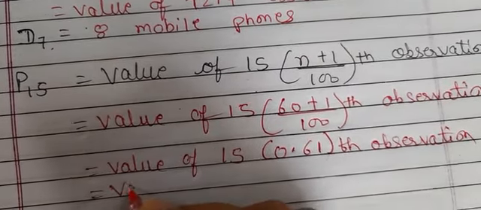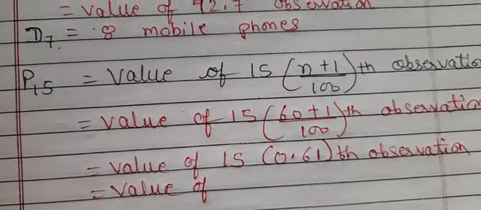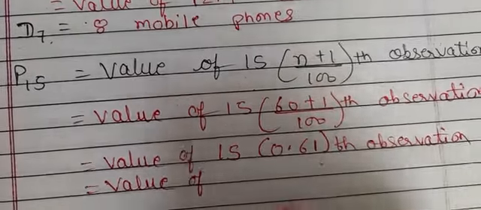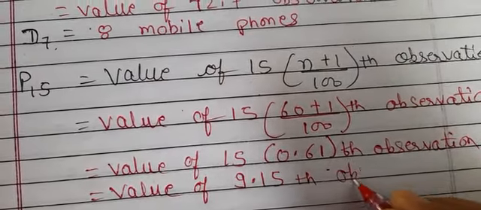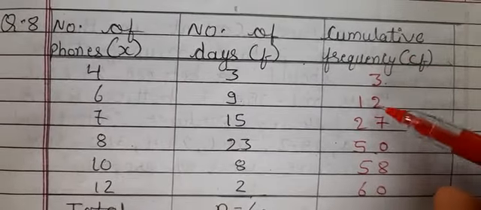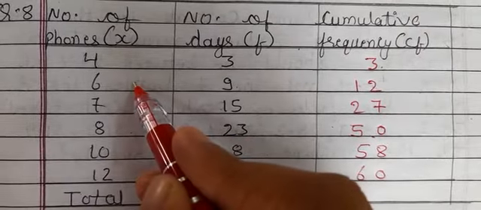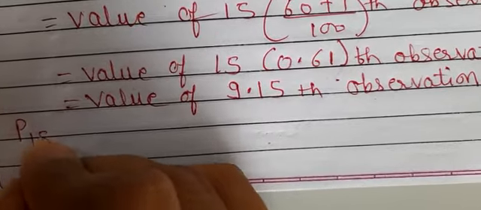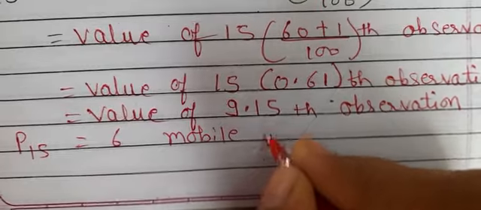Now 15 you have to multiply with 0.61, and you will get your answer as 9.15th observation. Again we have to refer to the CF column. As you can see, 9.15 will come in the second row. So the respective x value we see is 6. So our P15 is 6 mobile phones.